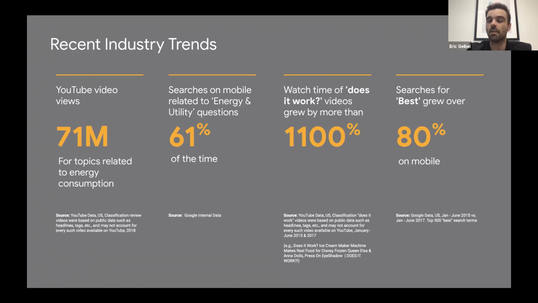So people want to have a clear understanding of what the best solutions are available for them. So as energy and utility companies, it's really important when thinking through ways to interact with your customer that you think about these various different trends in terms of the fact that your consumers are much more curious now more than ever, and they turn to Google's properties across channel and across device.